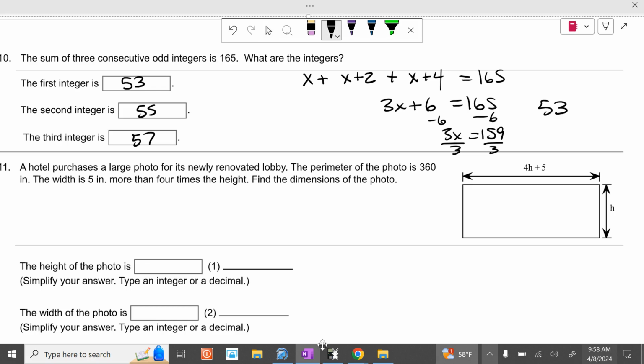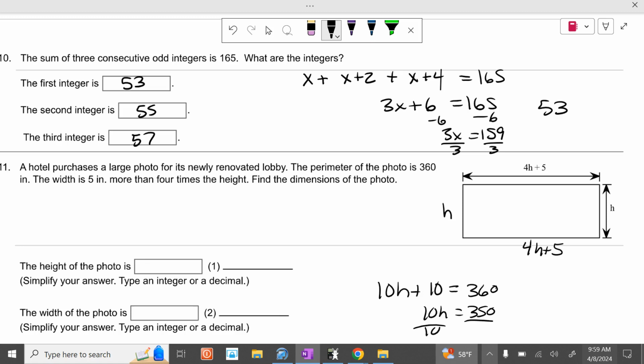The hotel purchases a large photo for the lobby. The perimeter of the photo is 360. So if we're talking about perimeter, then we have to add up the 4 sides. H plus 4h plus 5 plus h plus 4h plus 5. Well, h plus 4h plus h plus 4h is 10h. 5 and 5 is 10, equals 360. So 10h equals 350. Divide by 10.